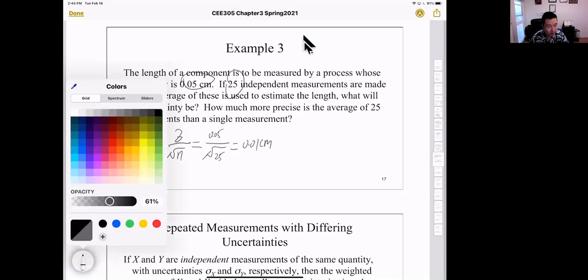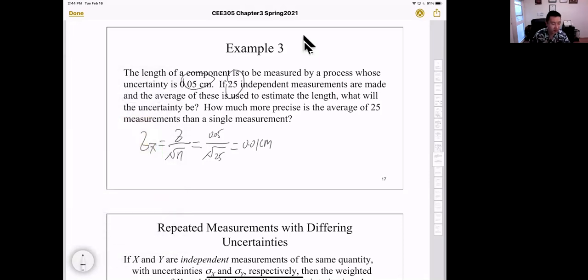How much more precise is the average of these 25 measurements than a single measurement? Before, for a single measurement, it is 0.05. And now we have 0.01. So it is 5 times more precise than a single measurement.